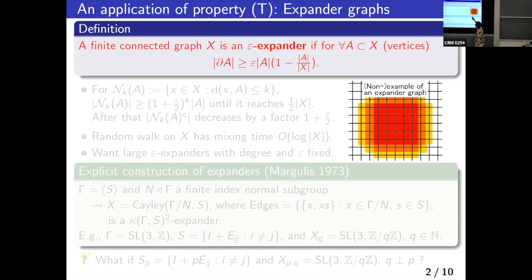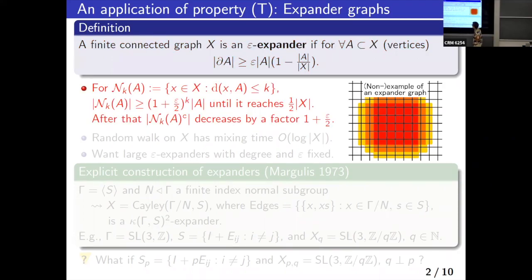This is a remarkable property that the usual graph does not have, like this grid. The Z-square grid does not have this property because the size is n squared and the boundary is like n. It has a lot of applications because if it's an expander graph, then the k-neighborhood always expands exponentially until it hits half of the population.